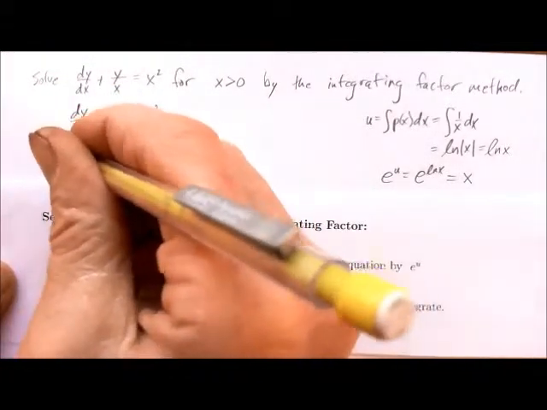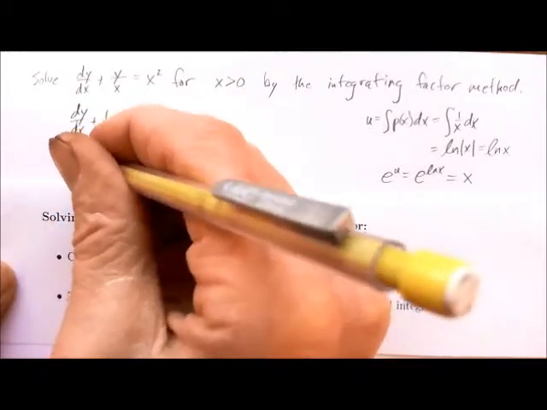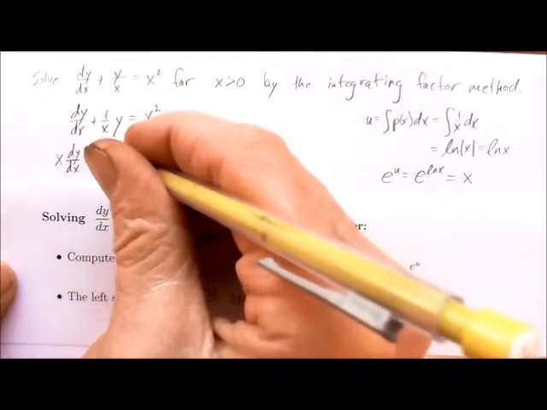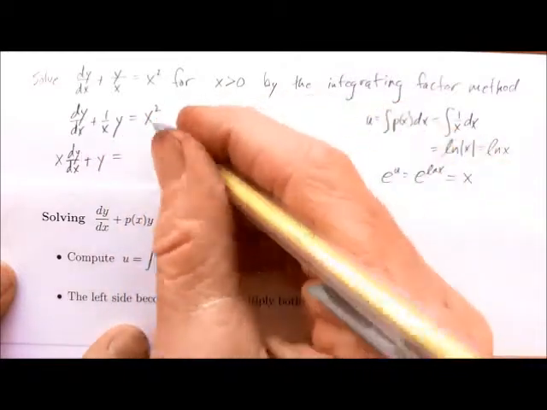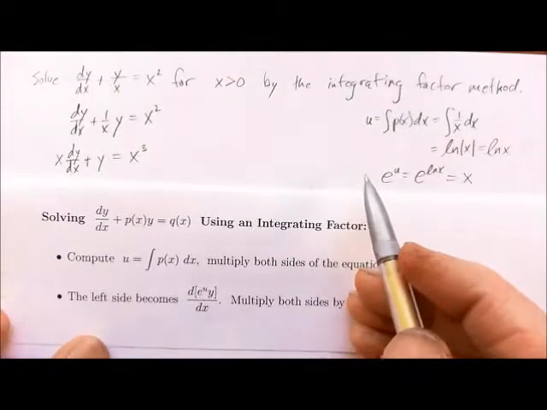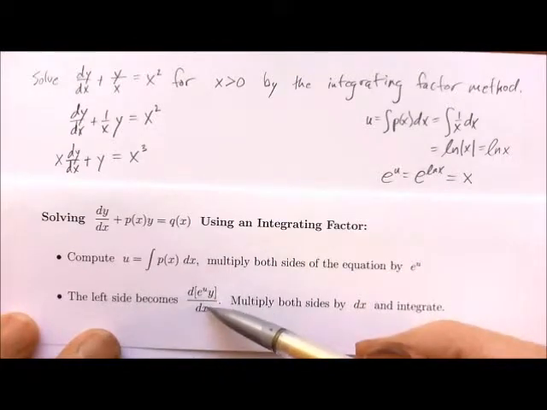We get x dy dx plus, we multiply by x here, x times the 1 over x is just 1, so plus y equals, and when we multiply by x on the other side, we get x to the third. And then again, the left side collapses to d of e to the u y dx.